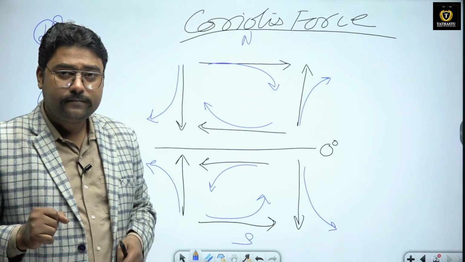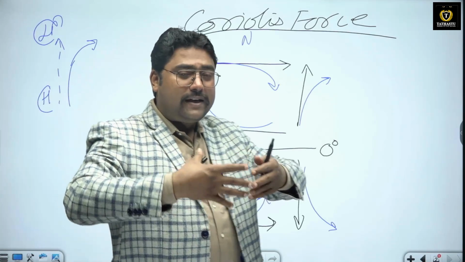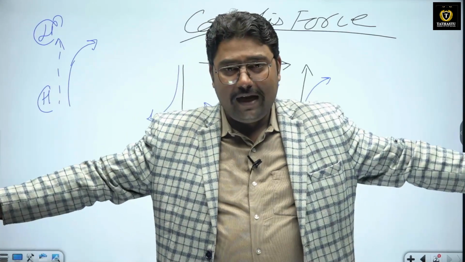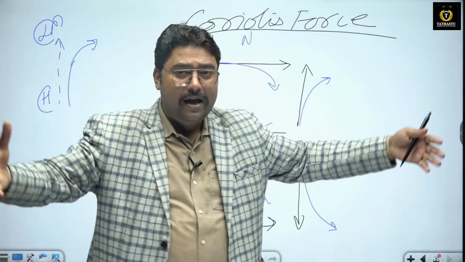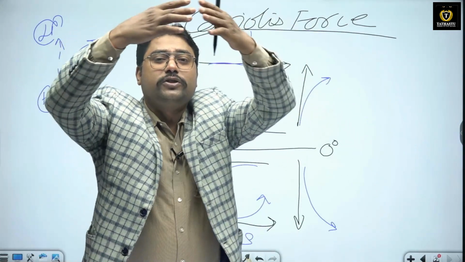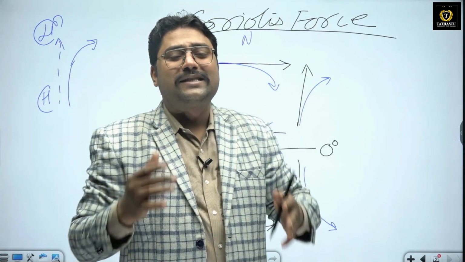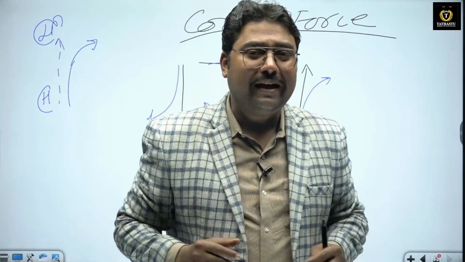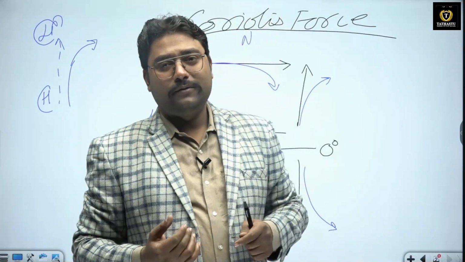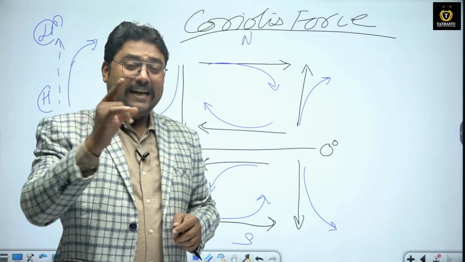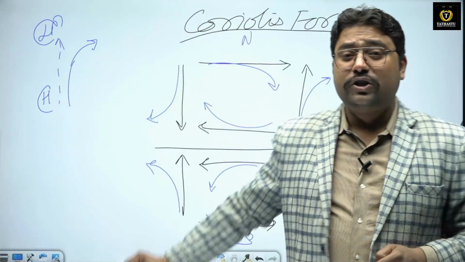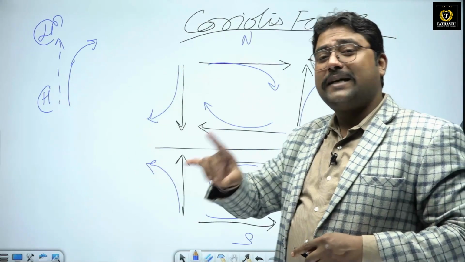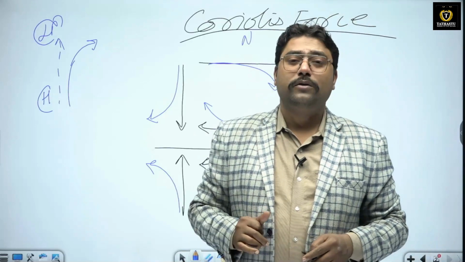How? Because the equator has the maximum area, the deflection will be very less or negligible, but as we move towards the pole, the area is shrinking but the matter is the same, so the deflection will be more. In value, Coriolis force is 0 on the equator and maximum, 1, on the poles.